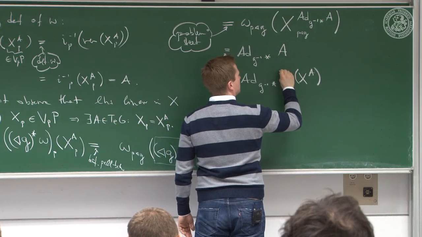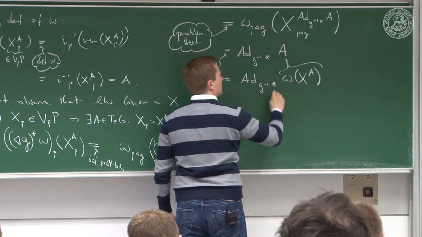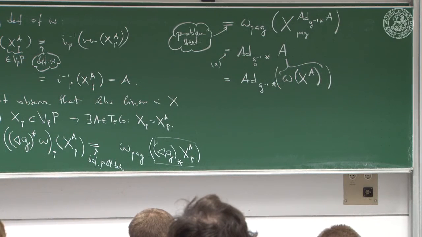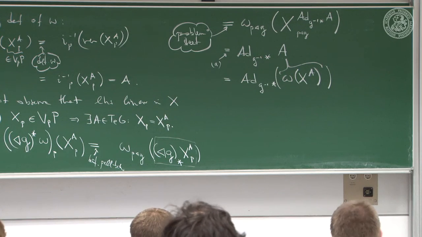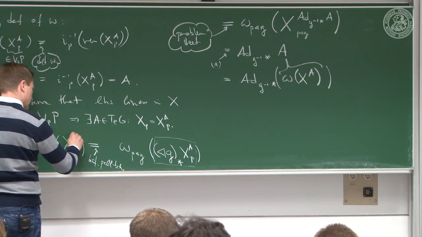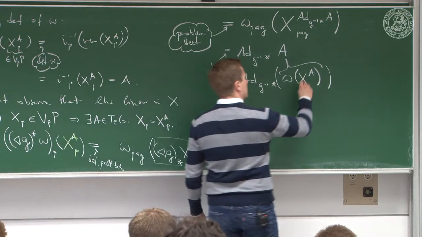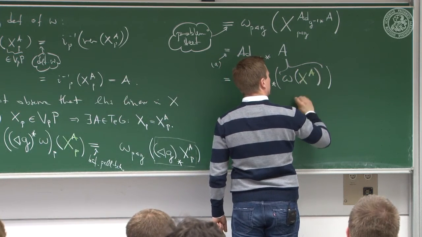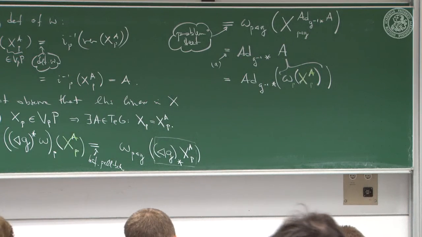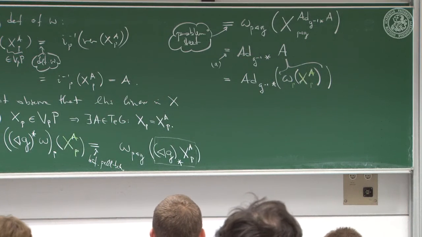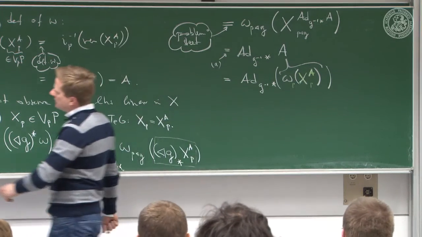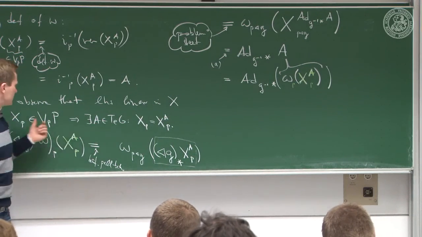Well, we just rewrite the A as the omega of XA, which of course we can, because that's just the same thing backwards. Aha, but if we compare what we did, we plugged in here an arbitrary vertical vector field, and it now appears here again, at the point p.